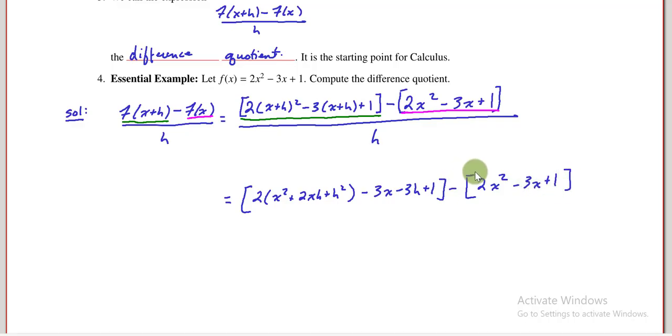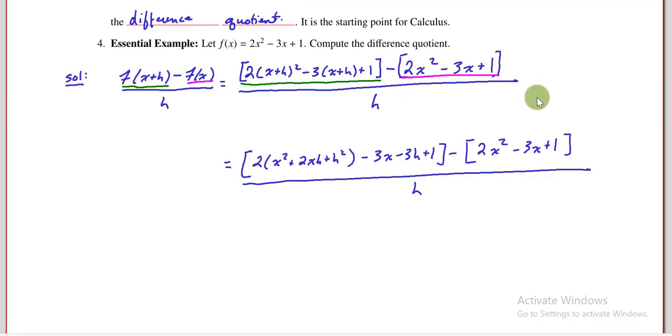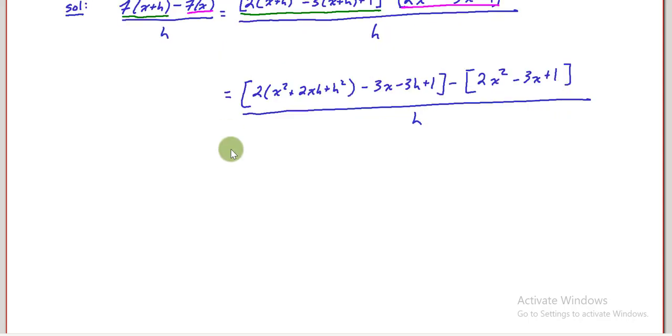Folks, I could have gone ahead and immediately distributed that minus sign through that sum, and then we have all over h. Okay. So we'll continue cleaning things up. In the numerator, I think I won't need the grouping symbols any longer. As I distribute, I get 2x squared plus 4xh plus 2h squared. So be careful, folks.